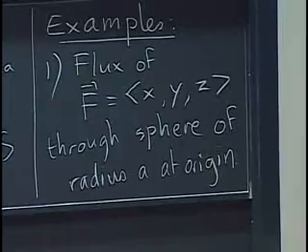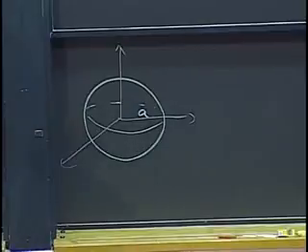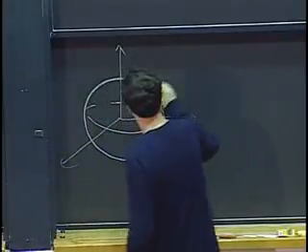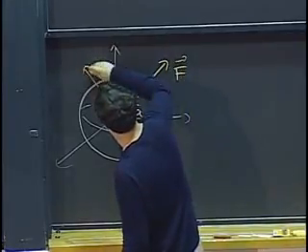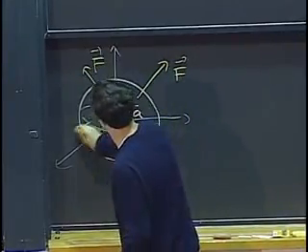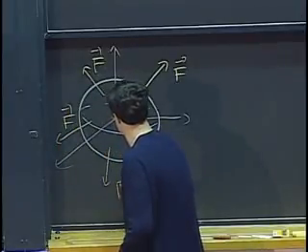So it's pointing radially away from the origin. So my vector field is really sticking out everywhere away from the origin.